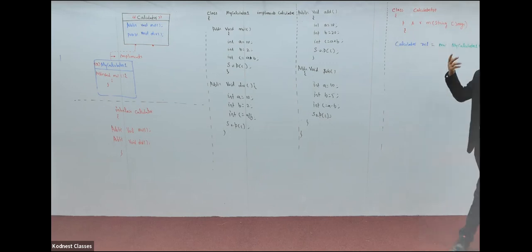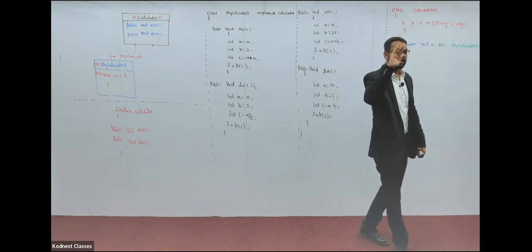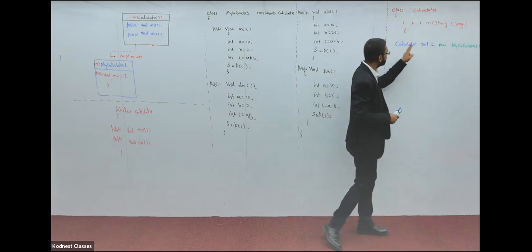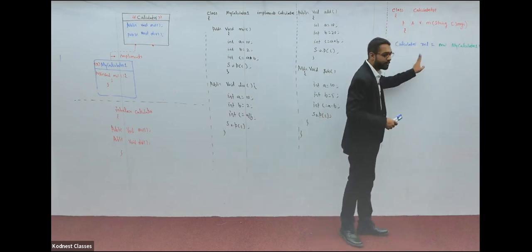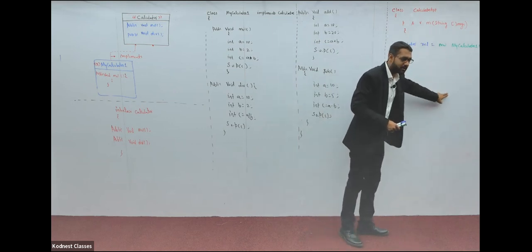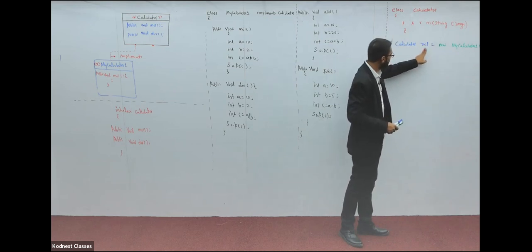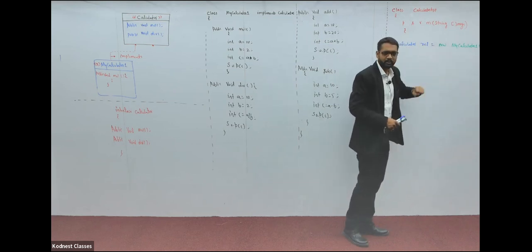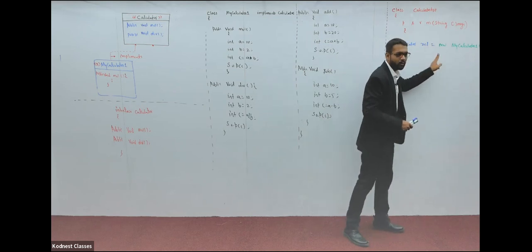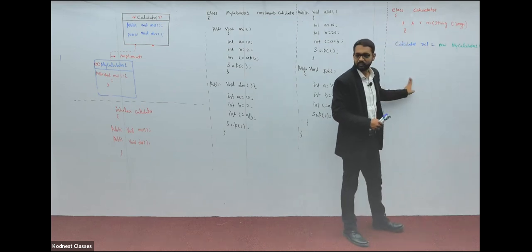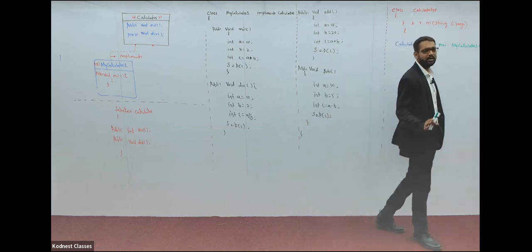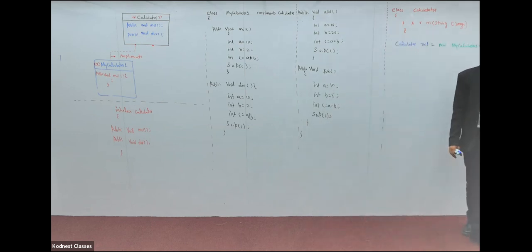Directly I am doing, that's it. Indirectly I did previously. This side also my calculator one, calculator type ref, whatever is there in my calculator M1 equals new my calculator 1. Calculator type ref, whatever is there in M1, give it to ref. In 3 different statements I would have told. Now in one statement I am telling parent reference to child class object only. Whatever I was doing in 3 different steps, in one step I am doing. Maybe if you are getting confused, this is what I am telling.